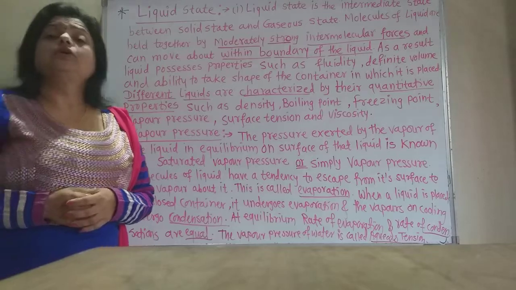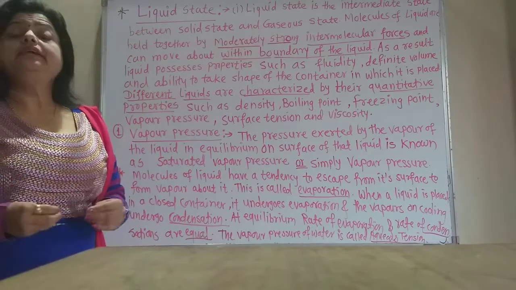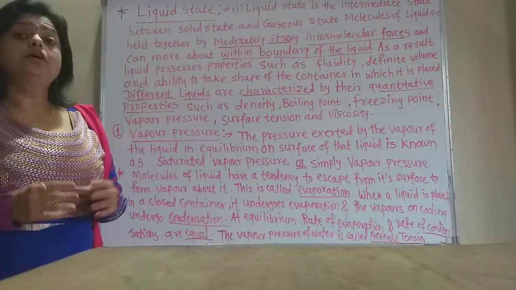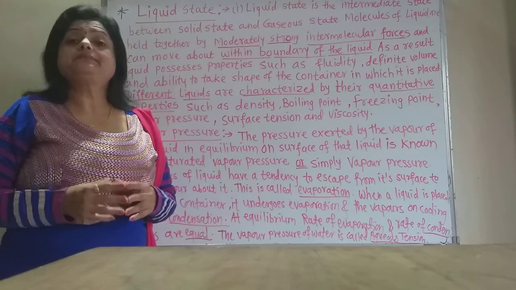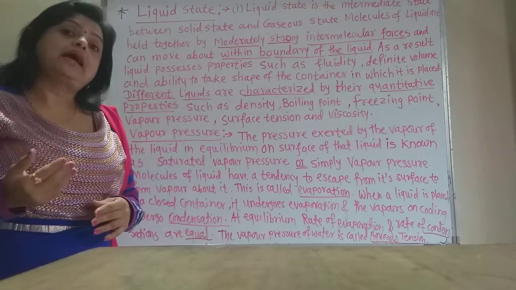We know that the molecules of solids are very tightly held together in a definite pattern, and therefore solids have a definite shape and definite volume. They have different shapes such as cubic, rhombic and monoclinic.